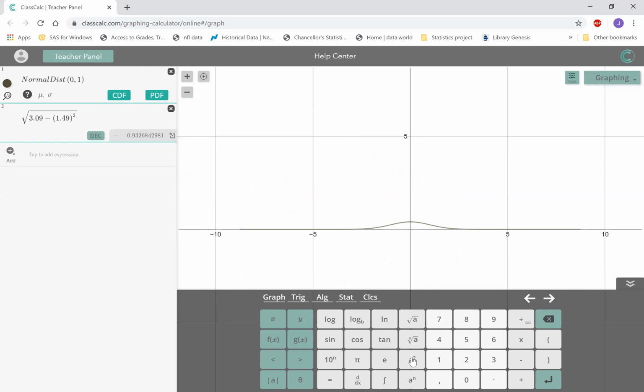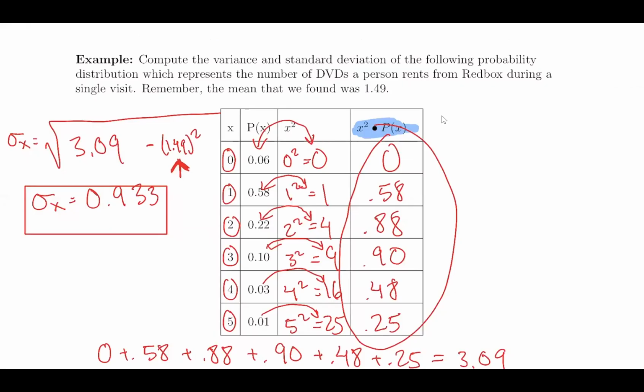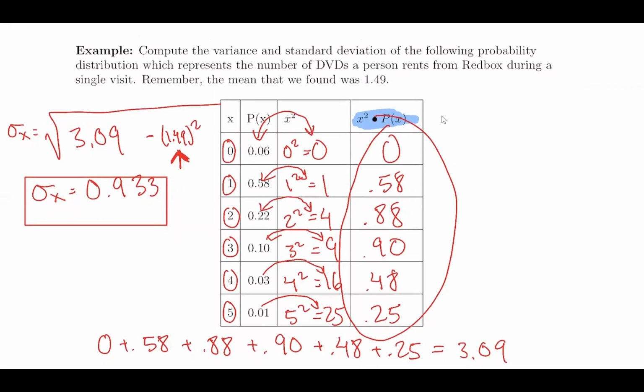And you get the standard deviation of x is equal to 0.932. All right, and that's our final answer.